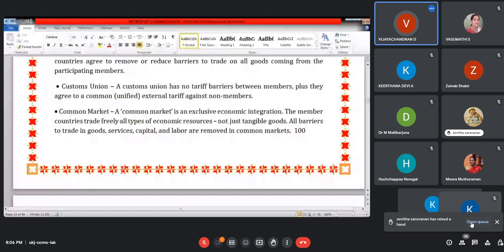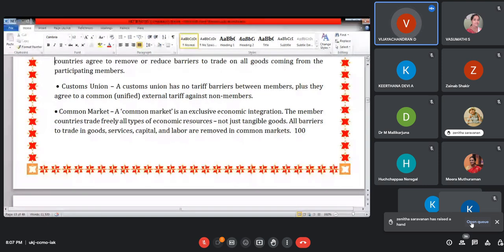Common market, as the name suggests, means everything: not only goods, not only services, not only the exchange of capital, not only the exchange of labor, not only the exchange of infrastructure, everything will be traded among the member countries. So that is known as common market. 100% freedom will be there.